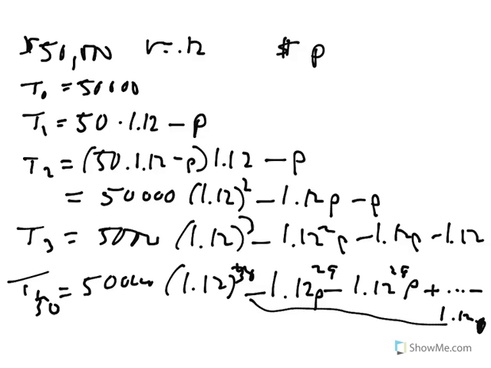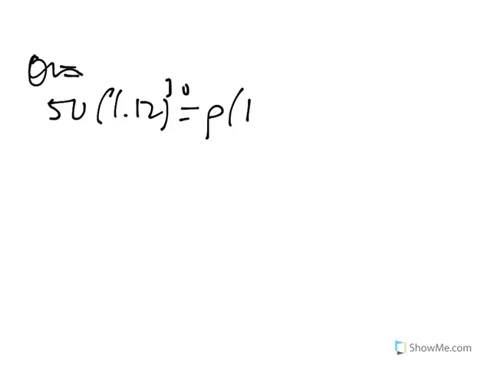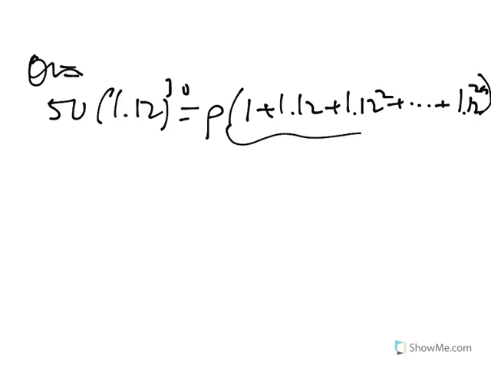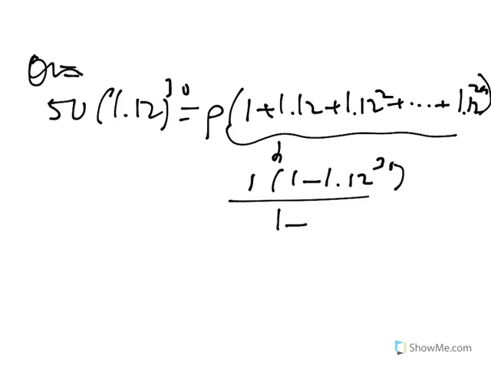The very last thing for each of these was just minus p. Anyway, here's where the geometric series comes up: 1.12 to the 29th plus and so on. Well, this thing, we could use the formula: 1 times 1 minus 1.12 to the 30th over 1 minus 1.12.